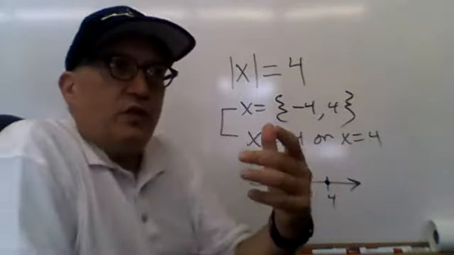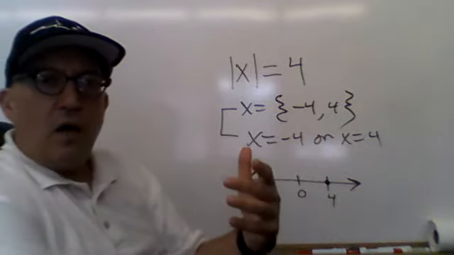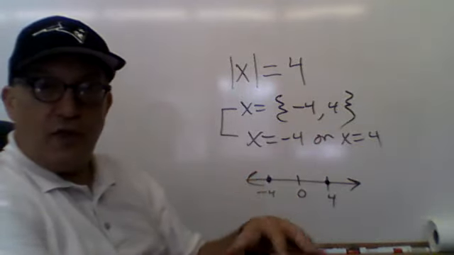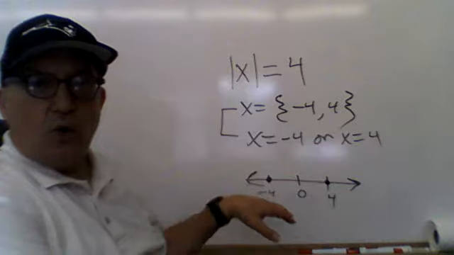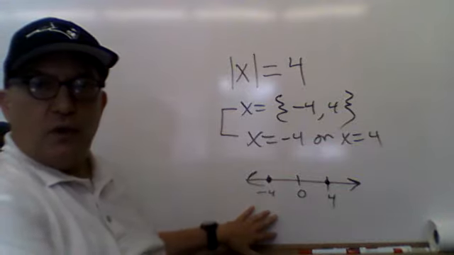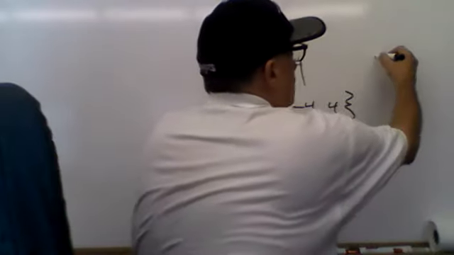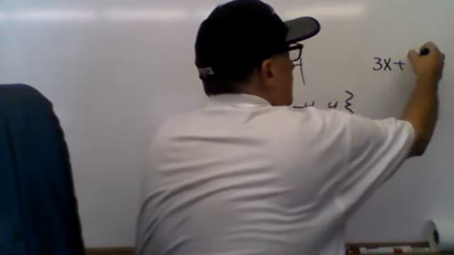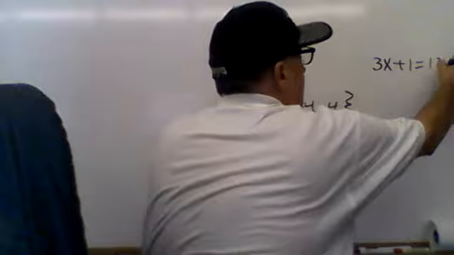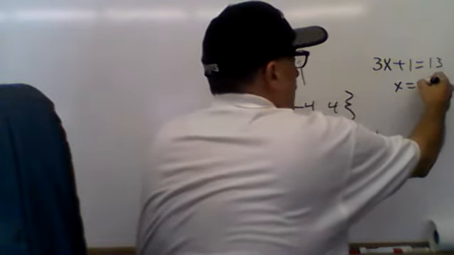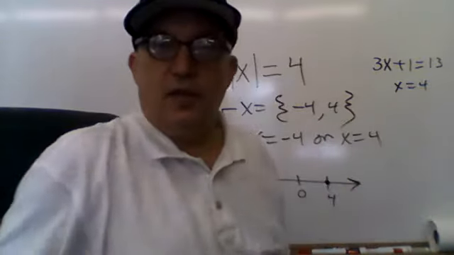In math, we don't often graph solutions when they're a single point, or in this case, 2 points. We didn't do that when you first learned to solve equations. Remember, when you first learned to solve, say, 3x plus 1 equals 13. Well, you get x equals 4 there, right? That's easy.